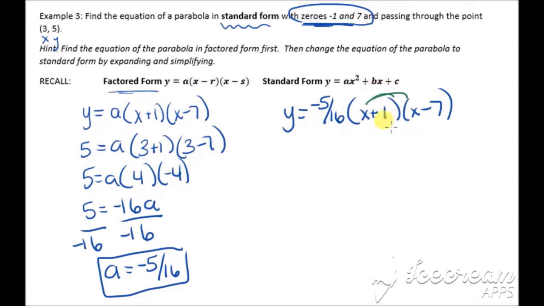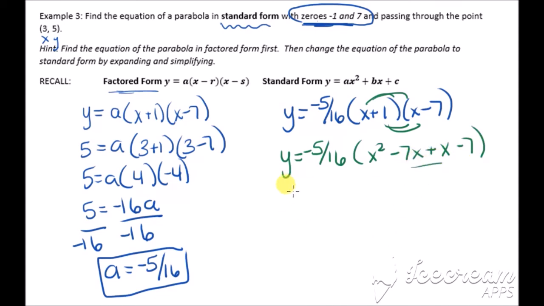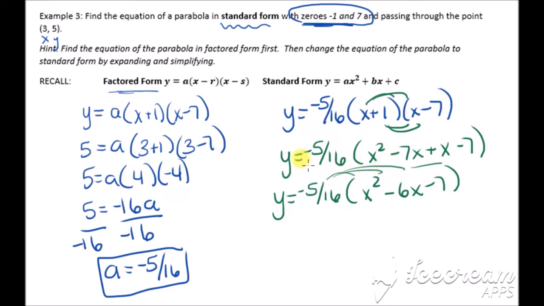So let's go ahead and FOIL these two brackets. We'll still leave the negative 5 over 16 outside of the bracket. Now we have x squared minus 7x plus x minus 7. Let's simplify those two terms in the middle by collecting them: negative 7 plus 1 is negative 6. Now we can expand the negative 5 over 16 into the bracket.